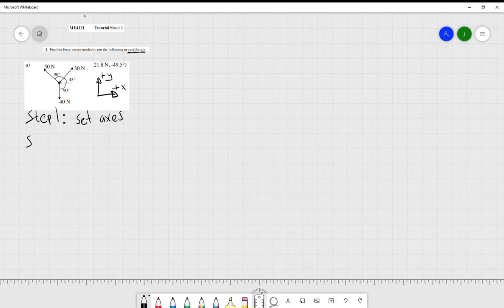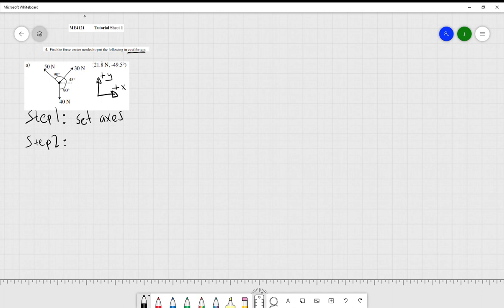In step 2, we'll use trig in this method here. You want to delineate the forces into x and y components just to make life easier, because we don't have any of the forces going along the x or y direction.